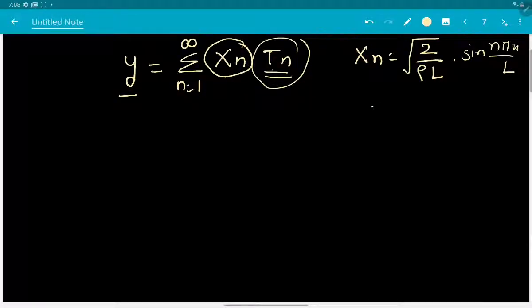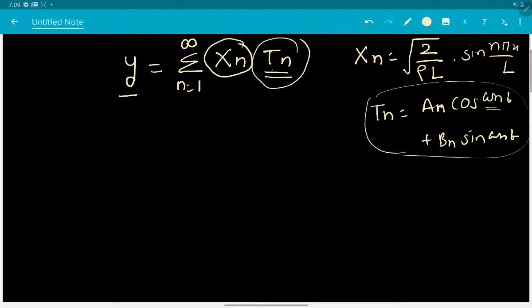So the expression of Tn is An cosine omega n t plus Bn sine omega n t. Okay, so depending on what n is, that natural frequency will be selected. So Tn is harmonic in time, and Xn is the mode shape that you have obtained.